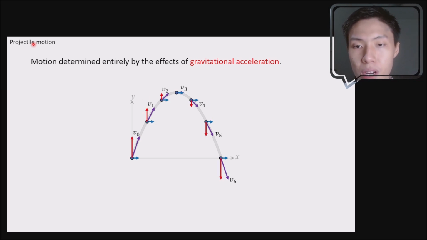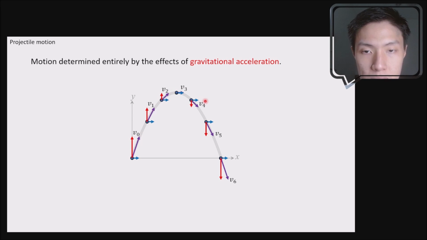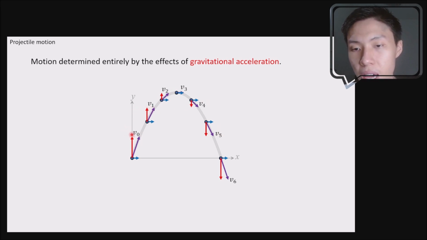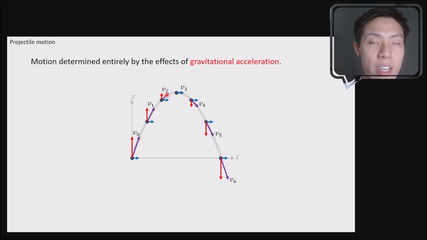We can break this velocity vector, this purple vector here, into its x component, the blue arrows, and its y component, the red arrows. So at different moments in time, you have different x and y components of velocity. Let's investigate how the x components of velocity and the y components of velocity change with time.